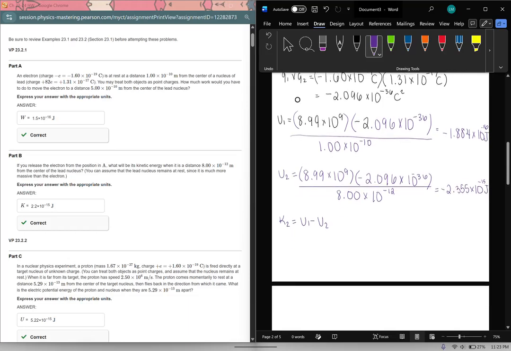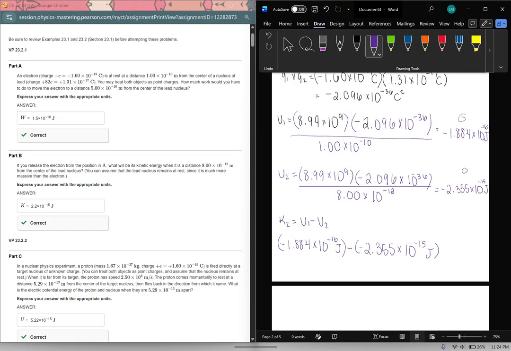So we're going to take this answer and this answer and subtract them. So negative 1.884 times 10 to the power of negative 16 joules minus negative 2.355 times 10 to the power. Let me put that in my calculator.